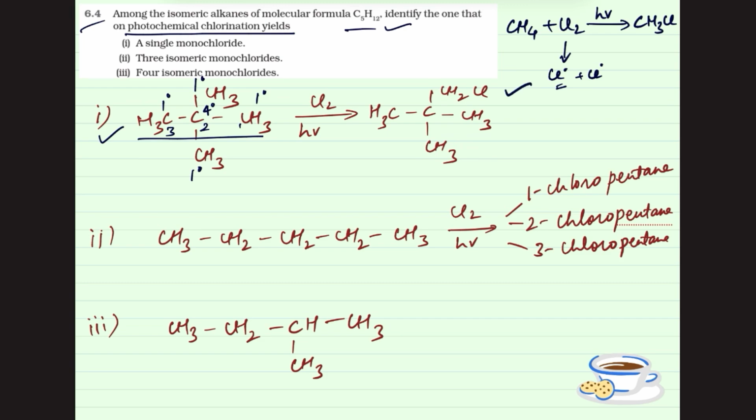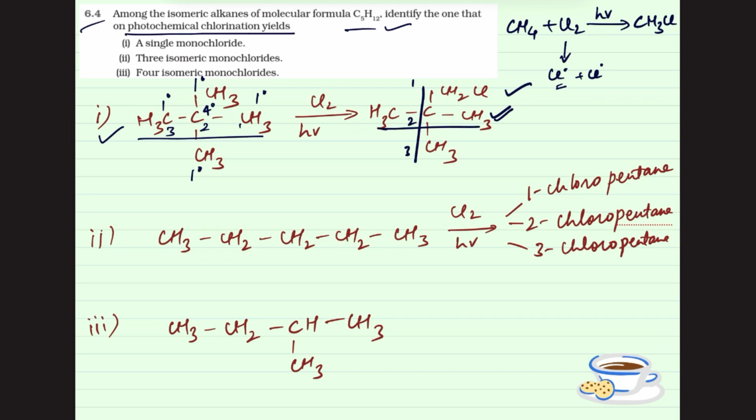If you name this product, take the longest chain containing the chlorine atom, numbering the chain giving the lowest locator number to the carbon bonded to chlorine. So this becomes 1, 2, 3. The product is 1-chloro-2,2-dimethylpropane.